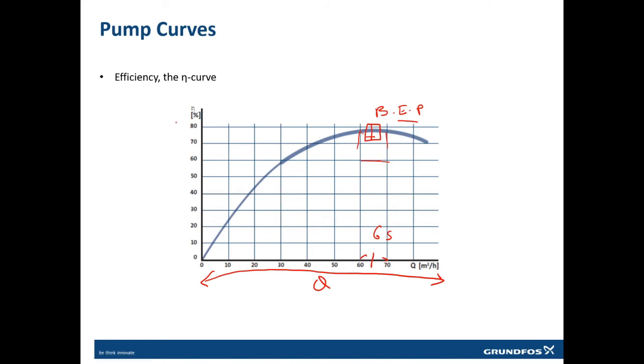For example, you selected a pump at this point. That means you selected a pump to operate at 40 meter cube per hour. Although it will operate and will not create any problem, you will get 40 meter cube per hour, your pump will not fail, but the total life of the pump will decrease, which is a big problem. You don't want to have a low life of the pump.